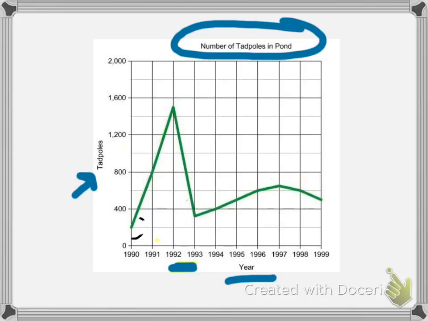But really this picture that is being painted here is not of tadpoles, but of what's happening. I call this kind of a spike, where there's a sharp increase, a sharp decrease, and then a steady increase to a steady decrease. And you can look at factors to try to figure out why.